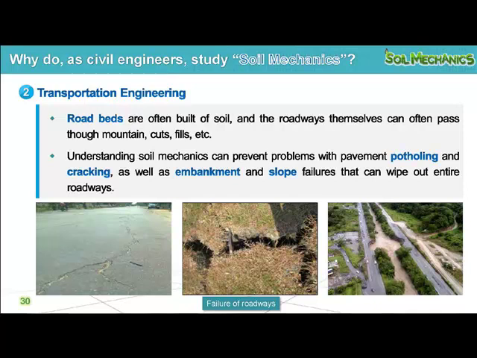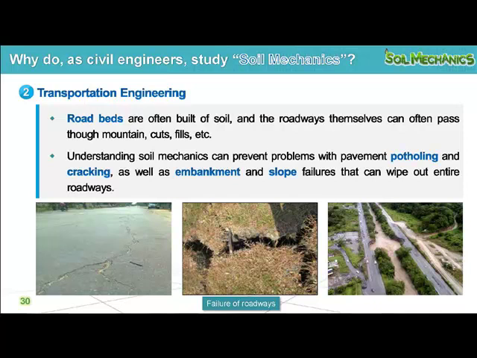So if the soil that is the foundation of the pavement is swelling soil, when it's wet, it will swell. That increases pressure to push the pavement of the road, which becomes deformed or cracked.